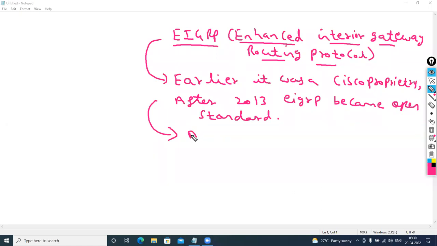If we talk about the AD value, it is 90 and 170. 90 is for internal and 170 is for external routes, meaning redistributed routes.